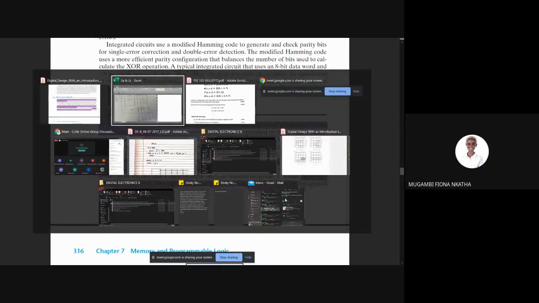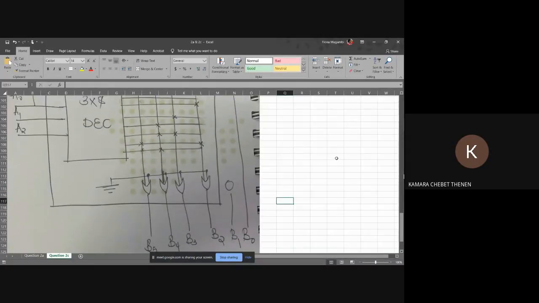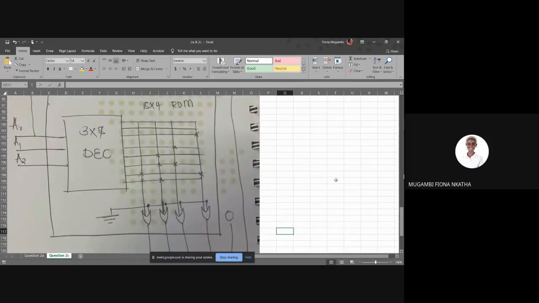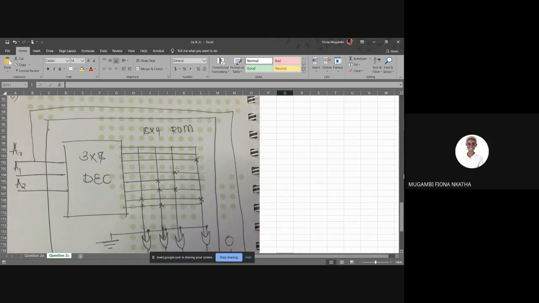You said the crosses mean temporary connections and dots mean permanent ones. Would it be wrong to use the dots in this particular one?